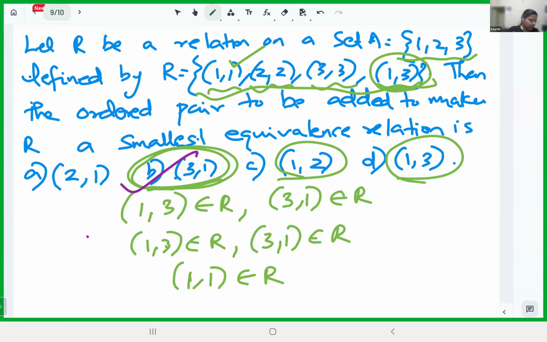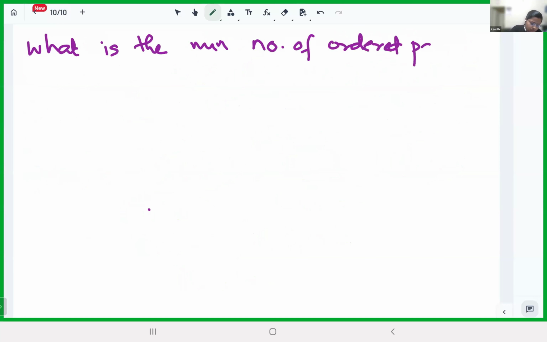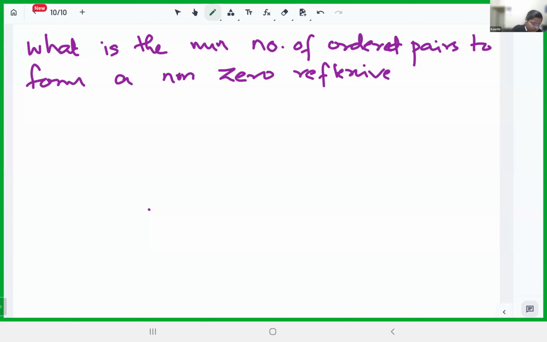Now we are moving on to the sixth question. What is the minimum number of ordered pairs to form a non-zero reflexive relation on a set of n elements?